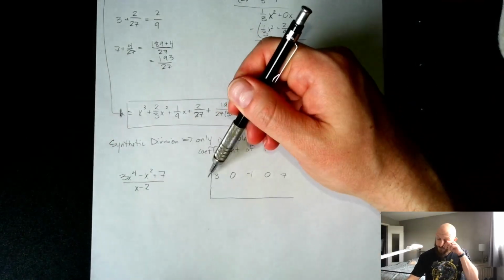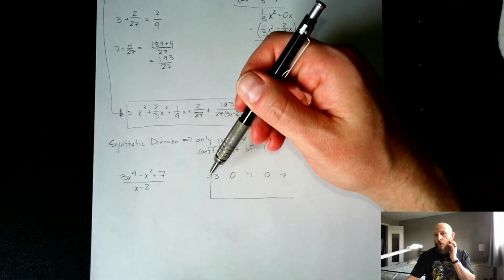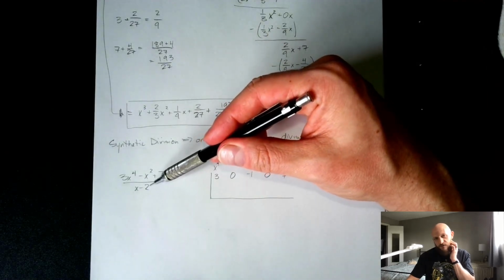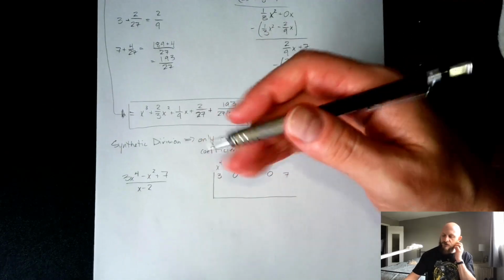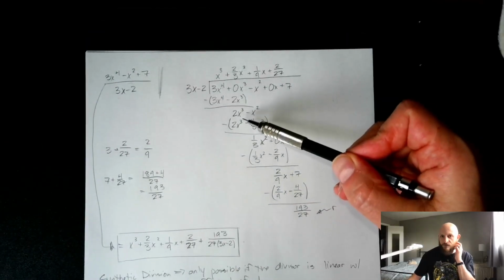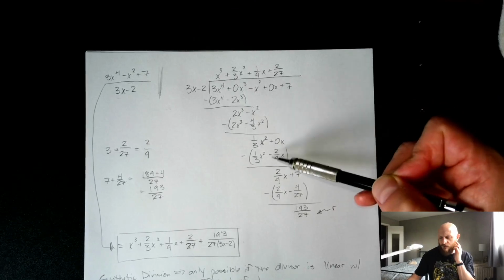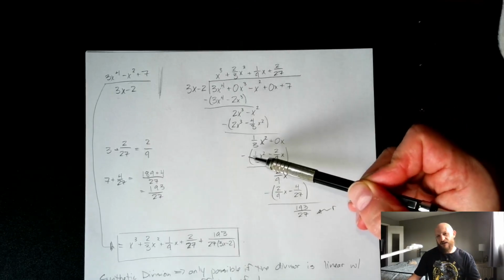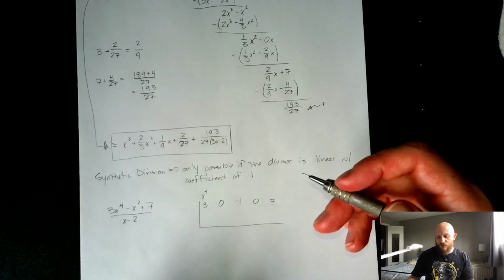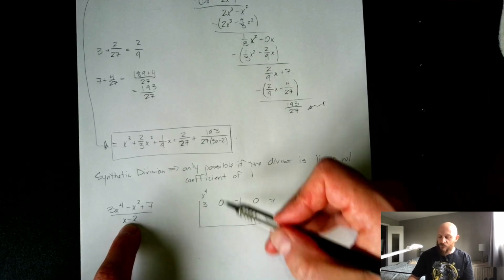Outside the box is where the divisor would go, but I'm only going to put the constant term, and not as it's written. Like previously with polynomial division, on these steps you're subtracting them. It's tougher to do the subtraction, so instead we make this negative, and then we add straight down.